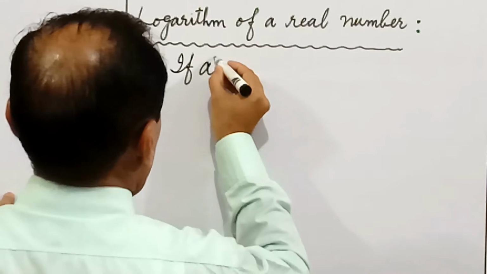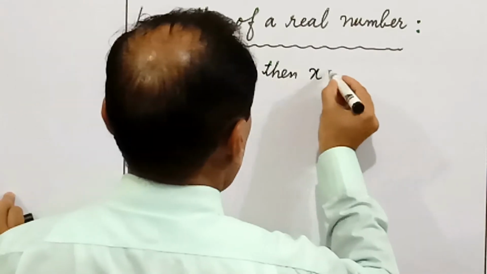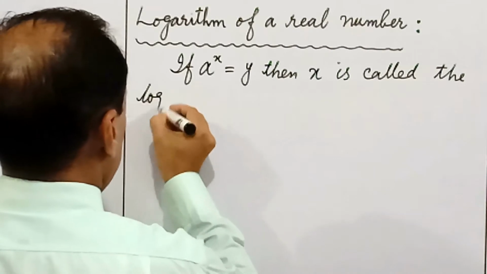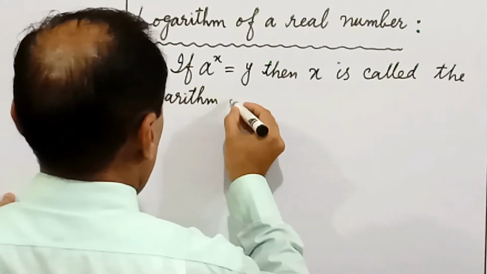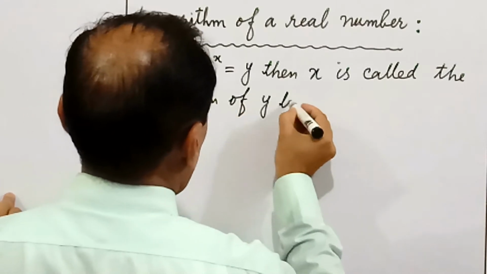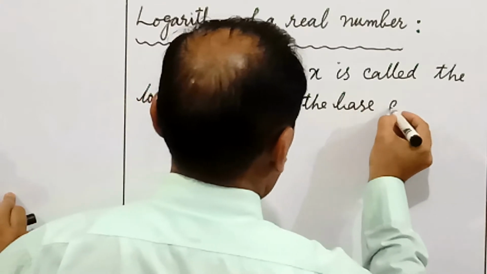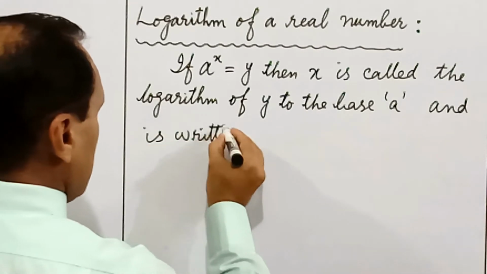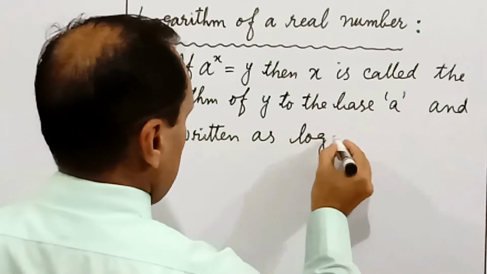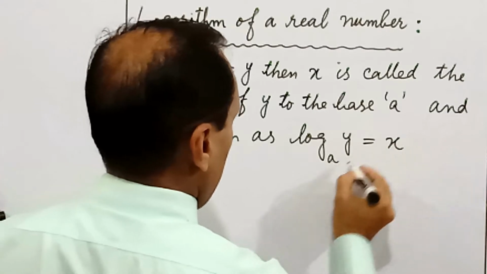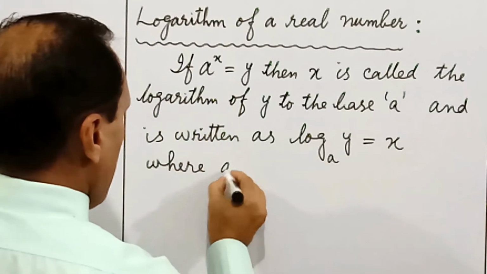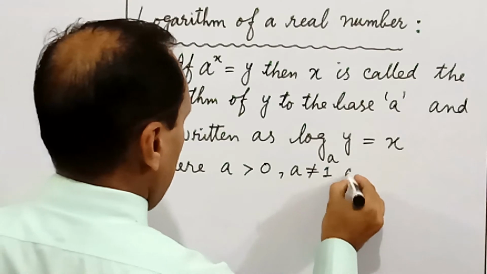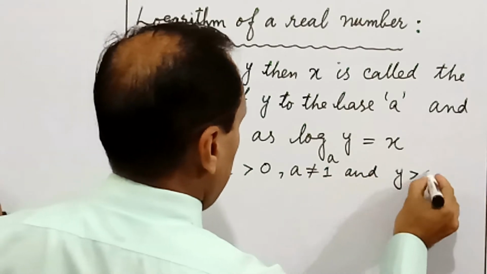If a raised to power x is equal to y, then x is called the logarithm of y to the base a, and is written as log y to the base a is equal to x, where a should be greater than 0 and a should not be equal to 1, as well as y should be greater than 0.